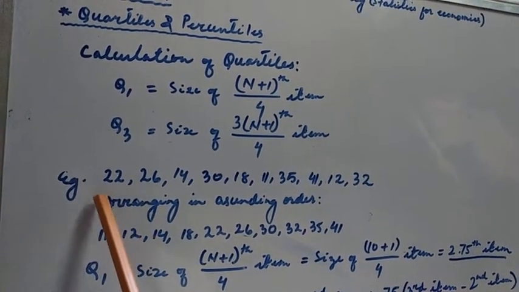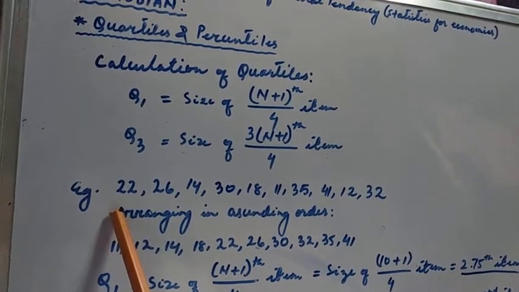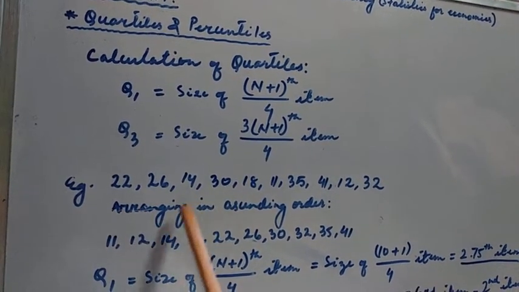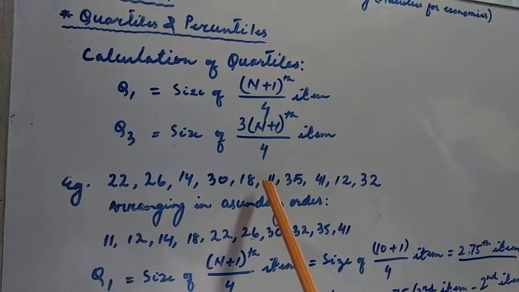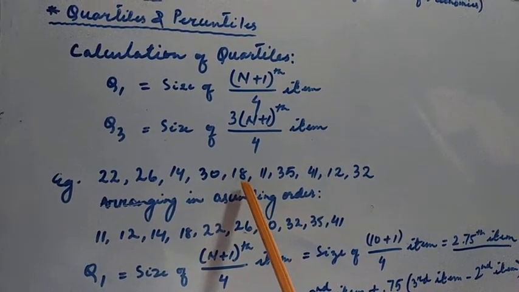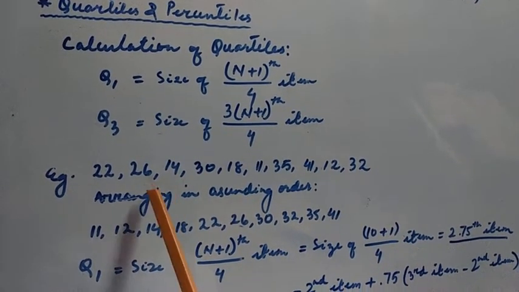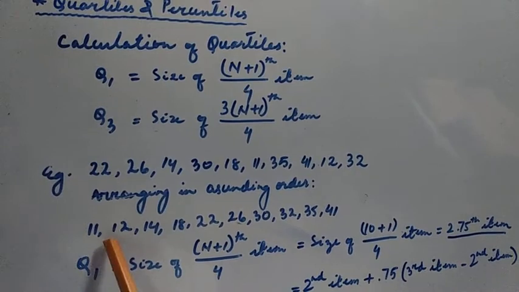Here an example is given: find the lower quartile from the data of the marks obtained by 10 students in an examination. First arrange the marks in ascending order, from small to big.